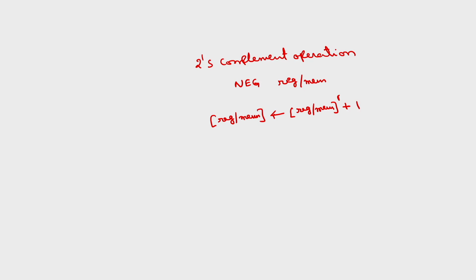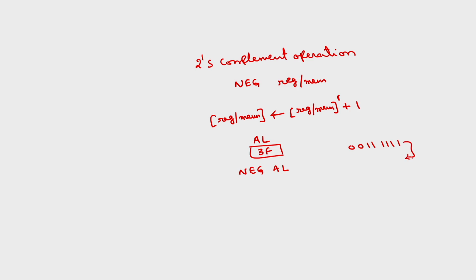Here all the flags will be affected, including the overflow flag also. There are some control flags which will not be affected by the instruction, but all the conditional flags will be affected by this particular instruction. We can explain this in a similar manner. If AL contents is 3FH, and I write NEG AL, then the 2's complement of 3F: it is 0 0 1 1 1 1 1 1.